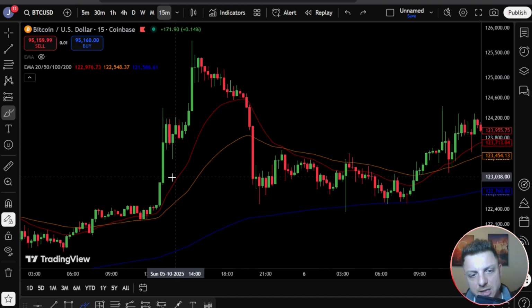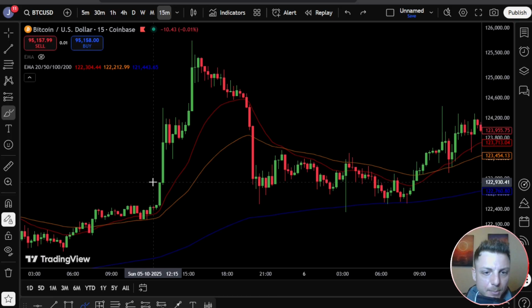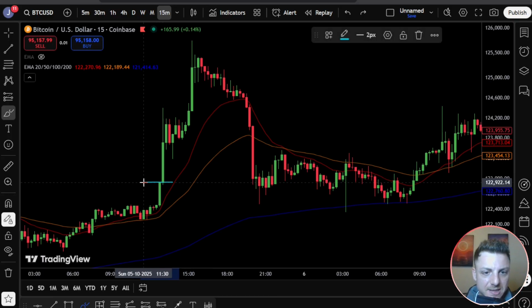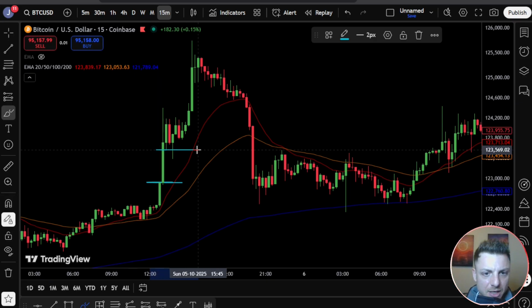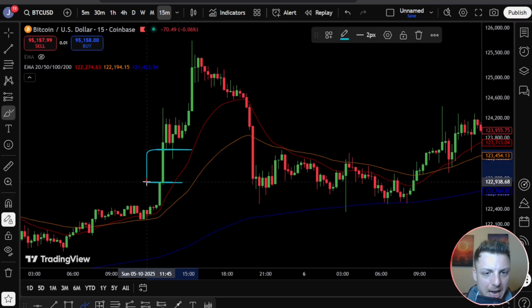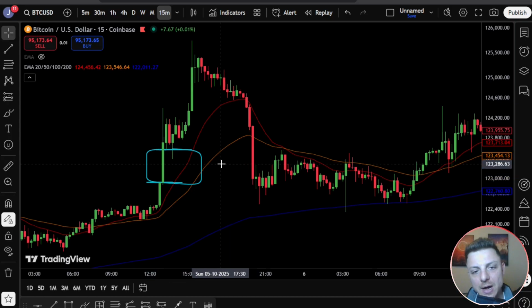What we're now focusing on is the fair value gap between the top of this second bar and the bottom of this fourth bar. Do you see how there's a major gap between this price? What it's actually signifying is there is a fair value gap.